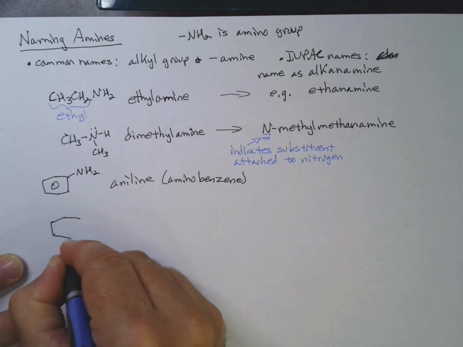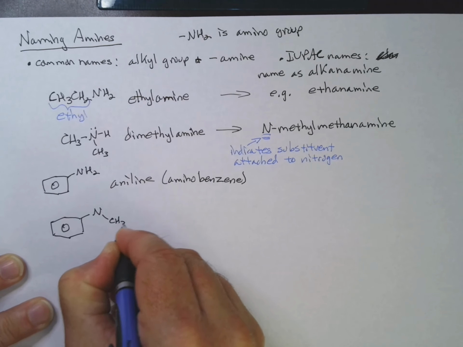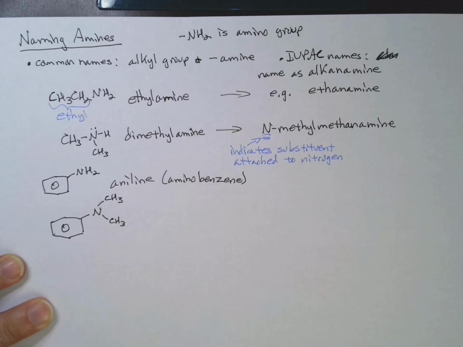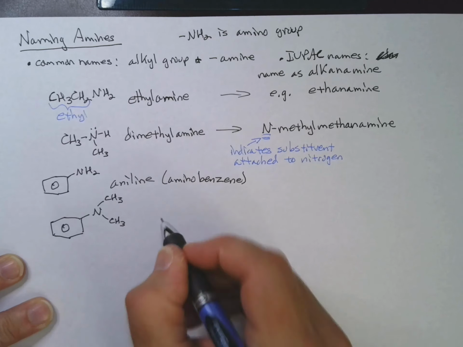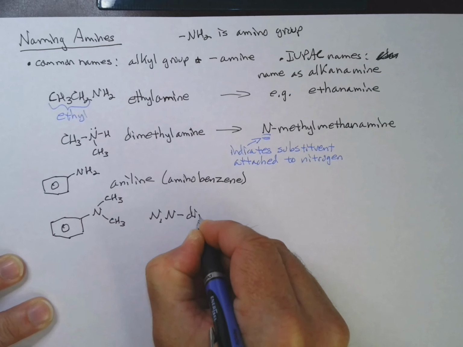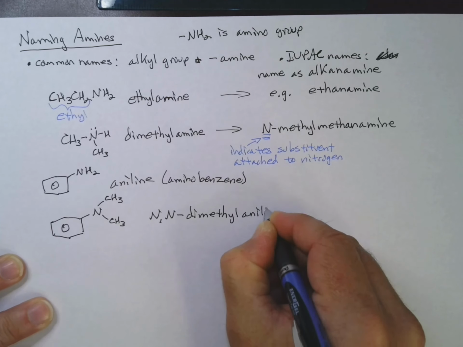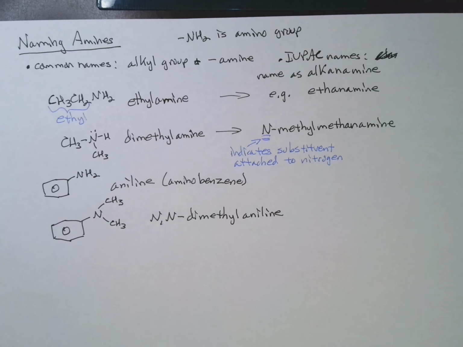So if I had something like that, where I've got two methyl groups attached to the nitrogen of aniline, I would call this N,N-dimethylaniline.